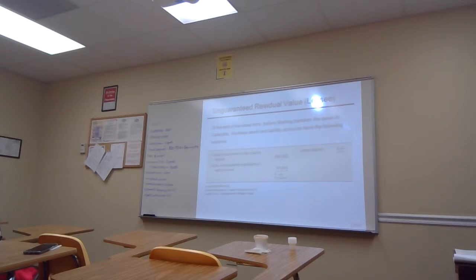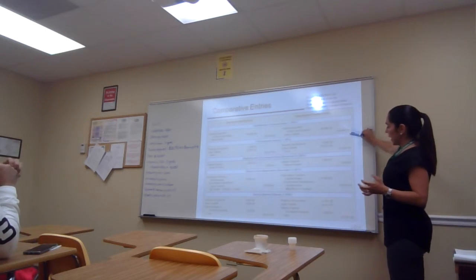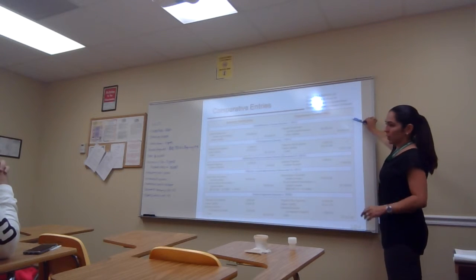In this case, at the end of the lease term, for unguaranteed residual value, all you're basically doing is your leased equipment less accumulated depreciation nets to zero, and your lease liability is zero. This slide is just showing you the different entries that take place throughout the years on guaranteed versus unguaranteed.